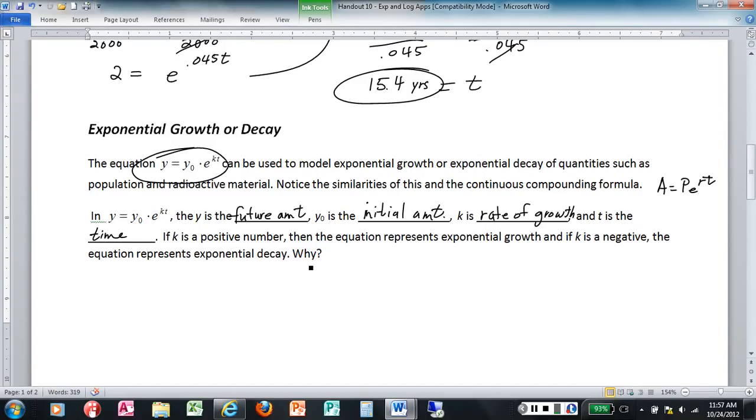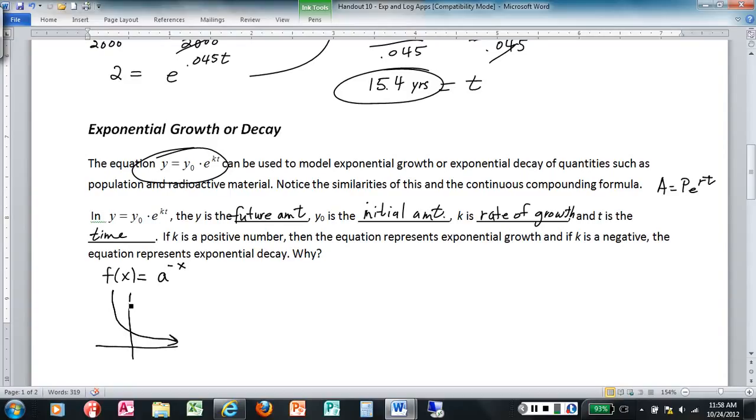Well, if you recall, when we started talking about graphs of exponential functions, if I had f of x equals a to the minus x, where the x was in the power and it was negative, you remember the graph looked something vaguely like this.